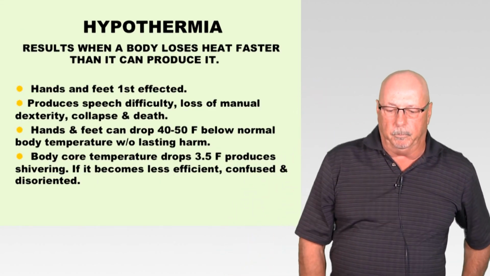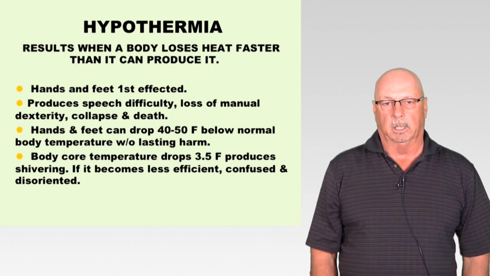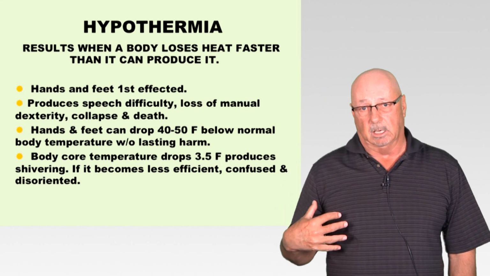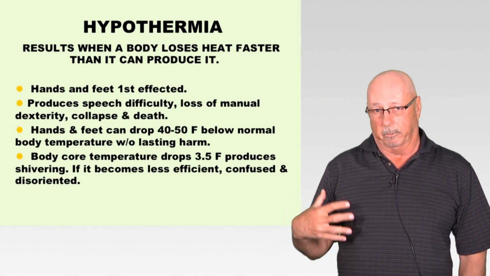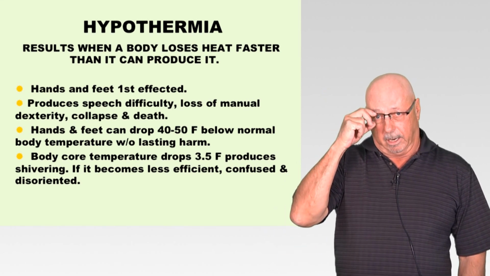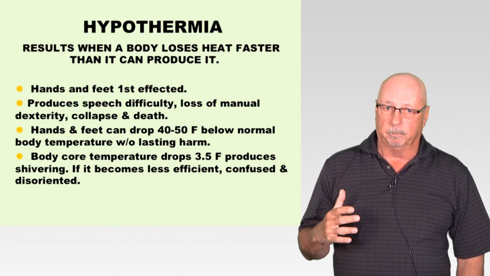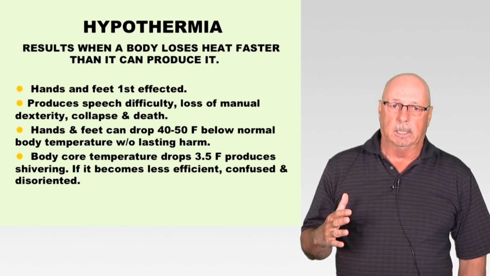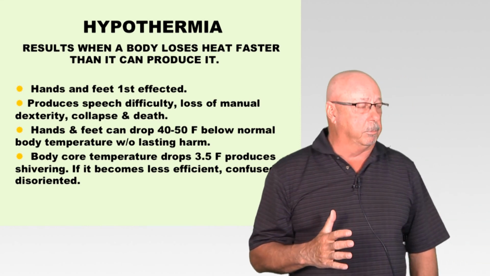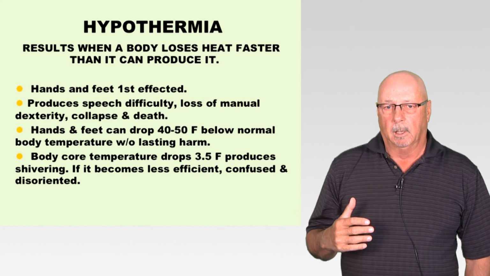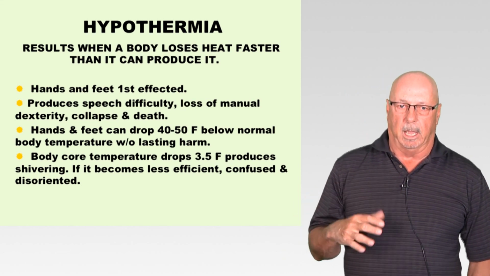So again, hypothermia is basically a result of when the body loses heat faster than it can produce or generate it metabolically. Our hands and feet are going to be the first thing that are affected. The next thing you'll see is an impact on speech difficulty, and loss of your manual dexterity.